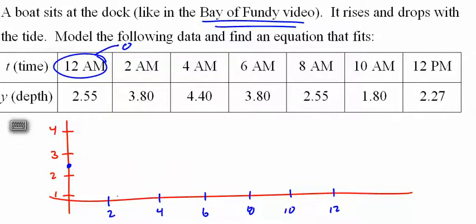Like I said, a quick and dirty graph. 3.8 here, 4.4 here, 3.8 here, 2.55 here, 10, 1.8, 2.27 here.